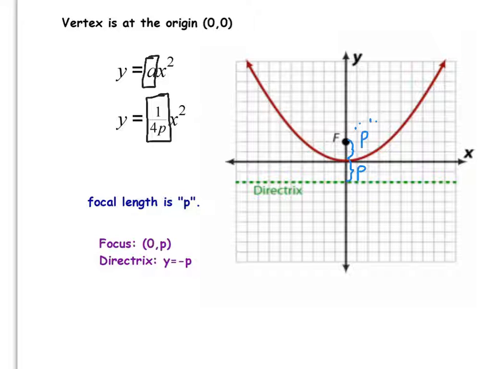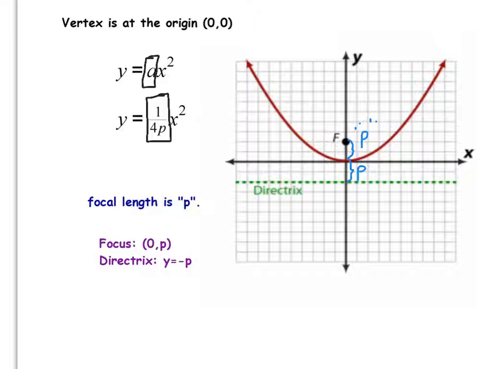So if we know the focal length, p, then we can substitute that value into 1 over 4p and get the coefficient for x squared. If we know the coefficient, then we can solve for the focal length. The focus has coordinates (0, p), and the directrix, since it's a horizontal line, will be y equals negative p.